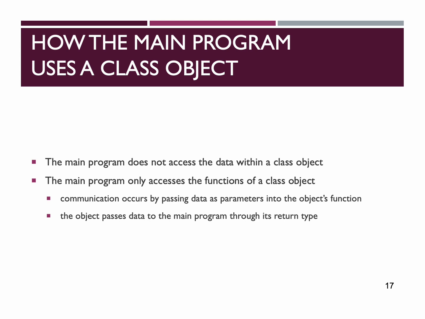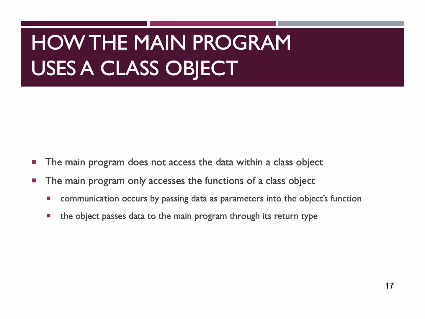Third, communication through parameters. When the main program needs to communicate with an object, it does so by passing data as parameters into the object's functions. This ensures that any data processing or manipulation happens within the confines of the object's methods, adhering to the principle of encapsulation. Lastly, data flow via return types.